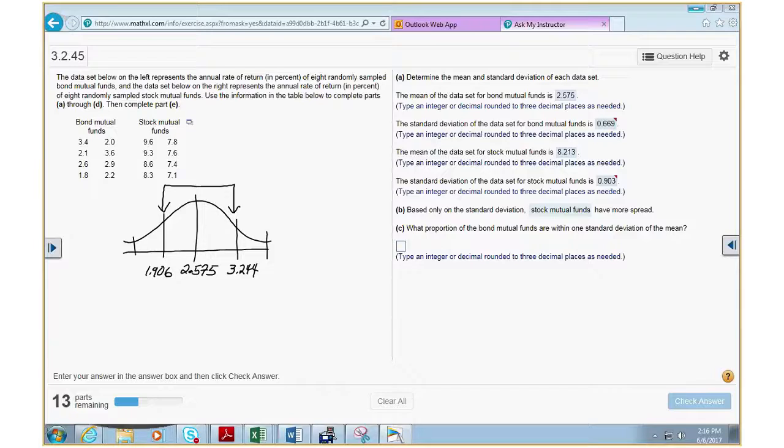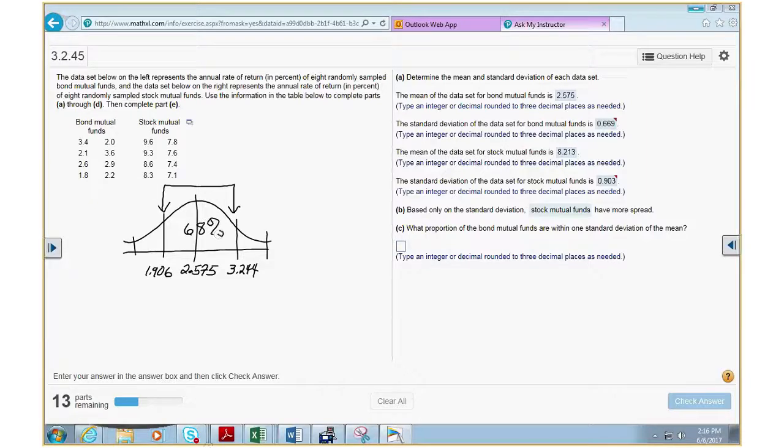So between 1.9 and 3.2, that's what you're supposed to do. How many percent? 68%.